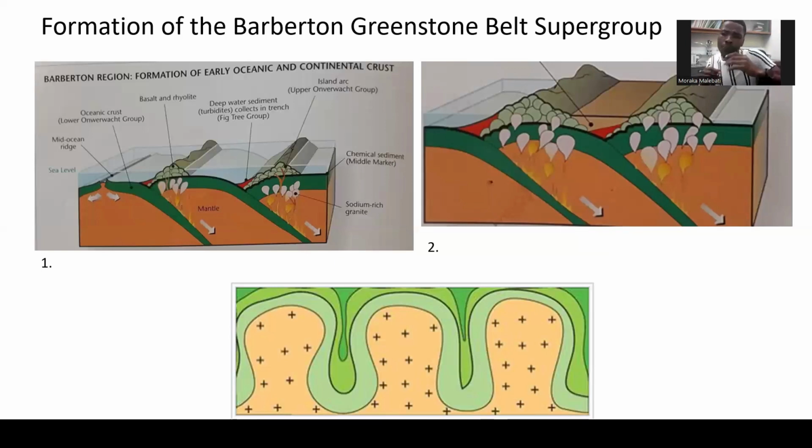What comes into our mind is, if it wasn't because of these granodiorite plutons, then these island arcs were going to be easily subducted. But now, thanks to these granodiorite plutons, they rendered the island arcs buoyant.